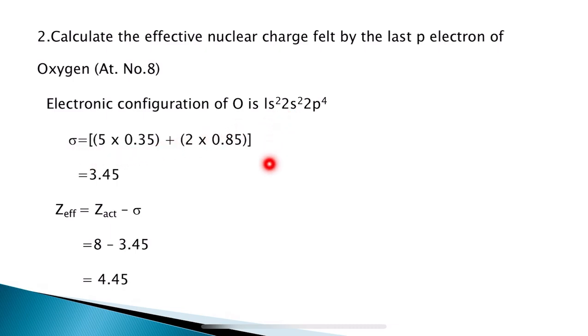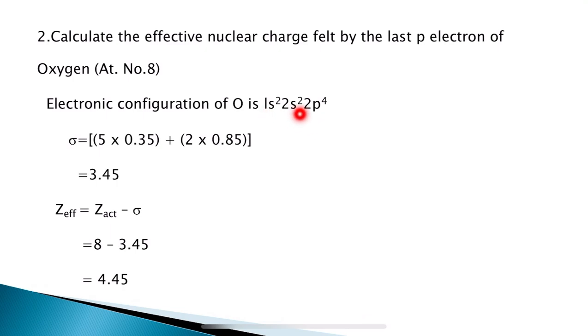Leaving out the outermost electron, we have 4 plus 2 is 6. We are calculating the charge felt by the last p electron, so 5 electrons are left here. So 5 into 0.35, since this is the nth shell, plus 2 into 0.85.